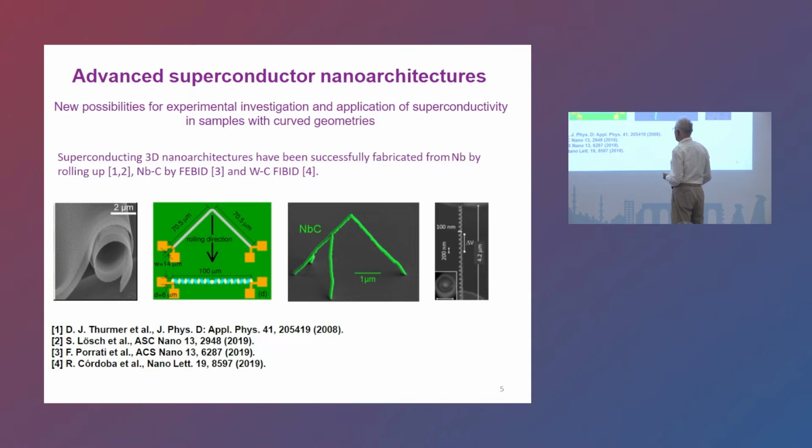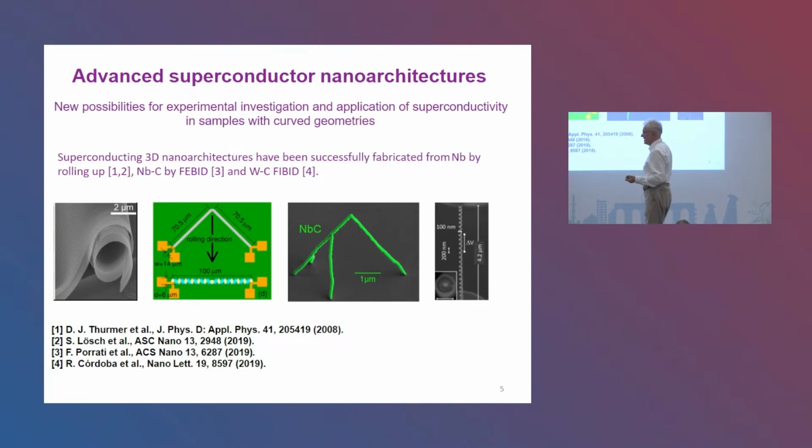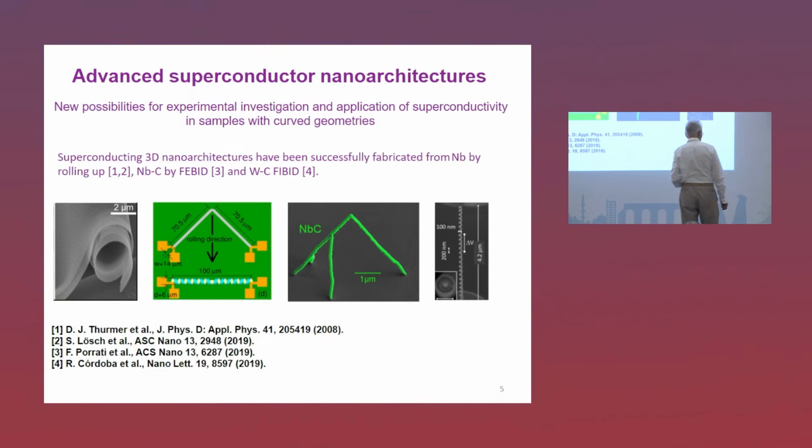At that time, it was 2 micrometers radius, but now it's below 1 micrometer in diameter. These are self-rolled helices, which are produced in the same way, but if you use a gamma-like stripe to roll up. And these are first and second examples of direct written nanoarchitectures.